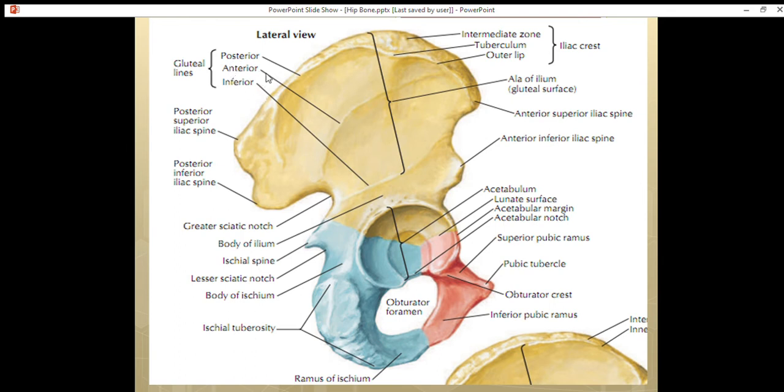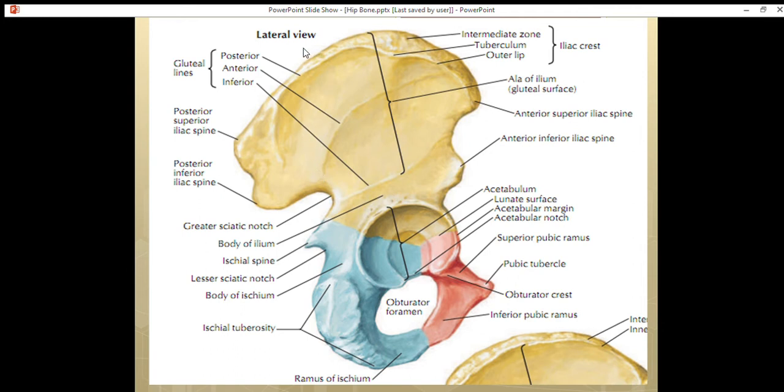Now you can see that the anterior gluteal line starts 3 to 4 centimeter behind the anterior superior iliac spine and just in front of the iliac tubercle, and it goes downwards and reaches the apex of the greater sciatic notch.